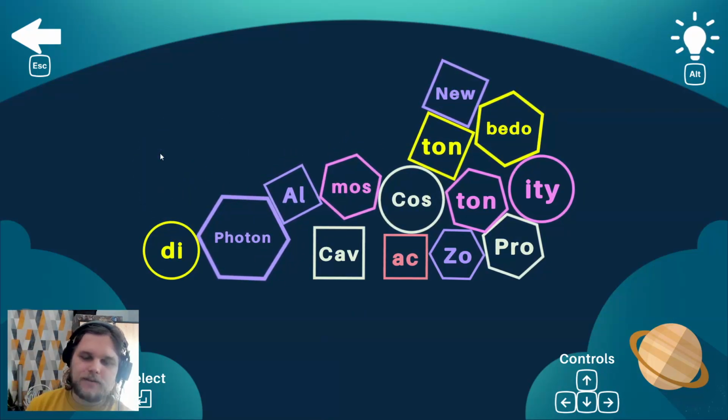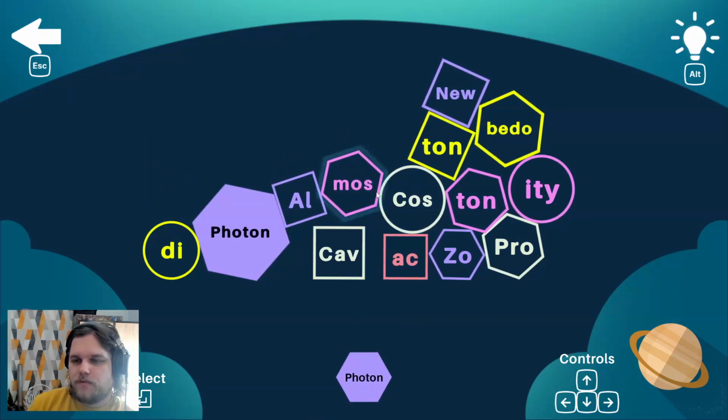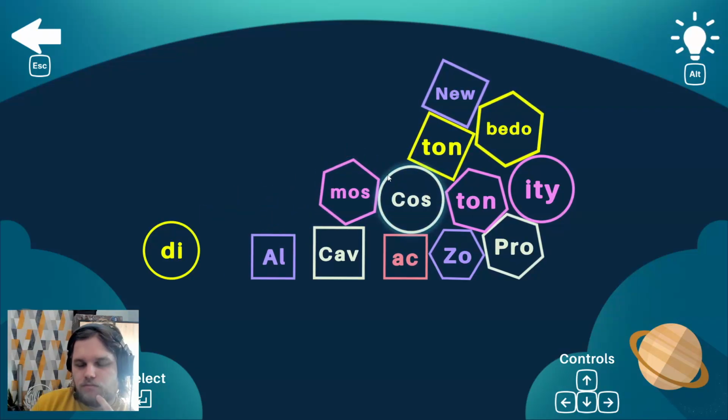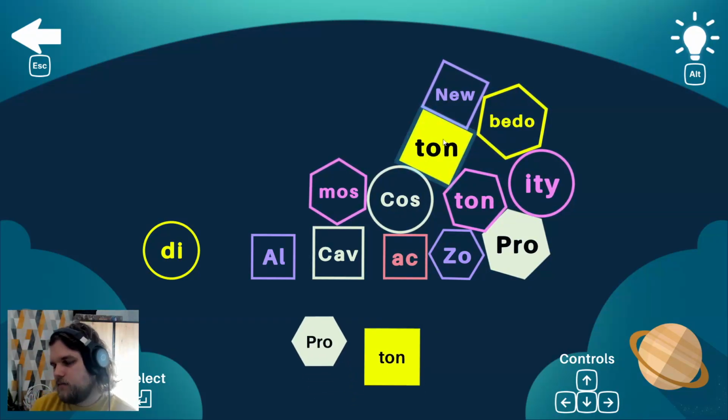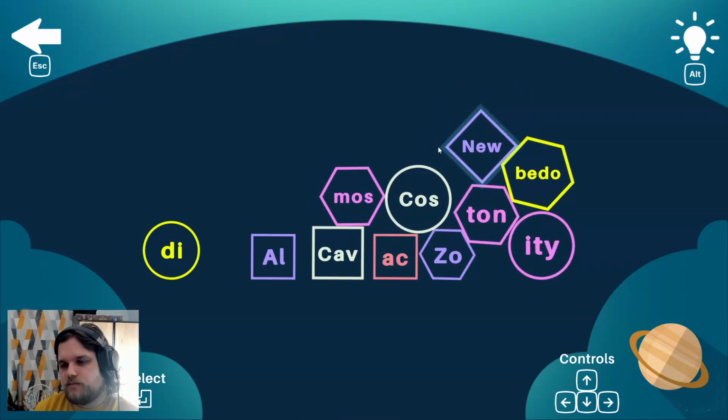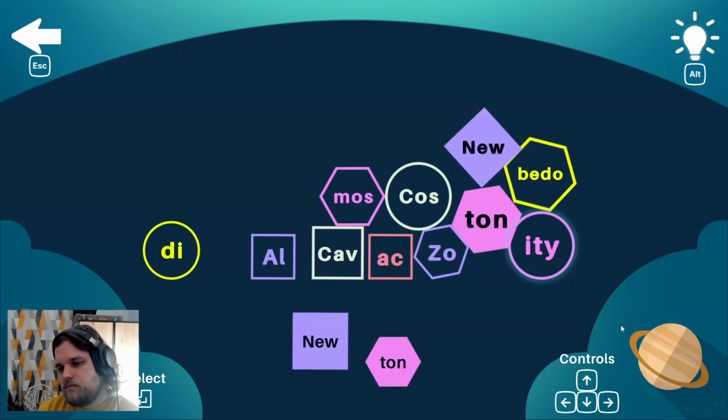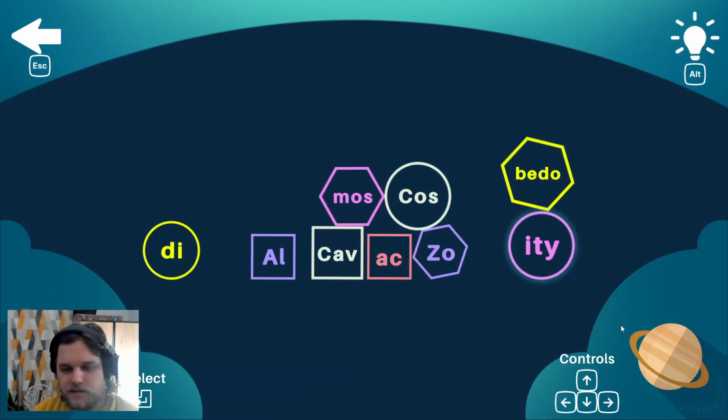Some context for the category. Photon. Space. Proton maybe. Newton. A way of measuring forces there.